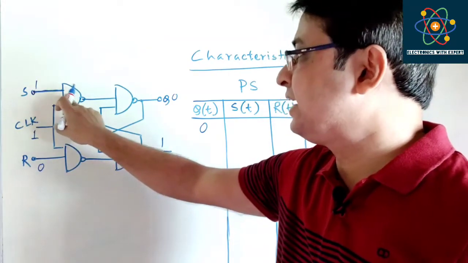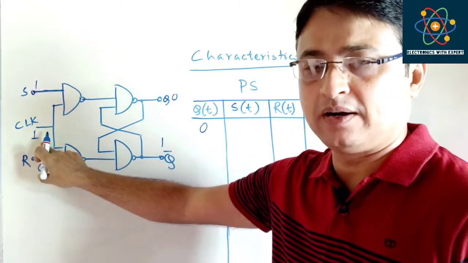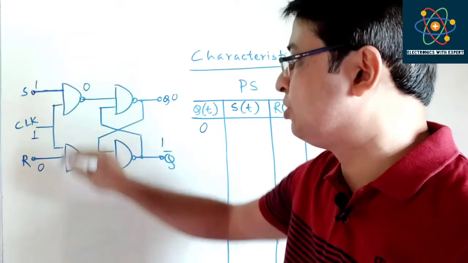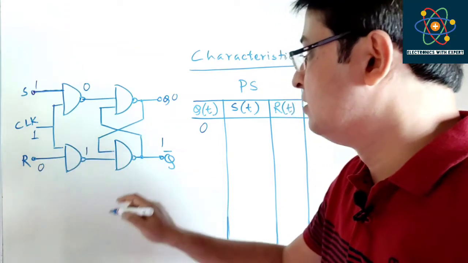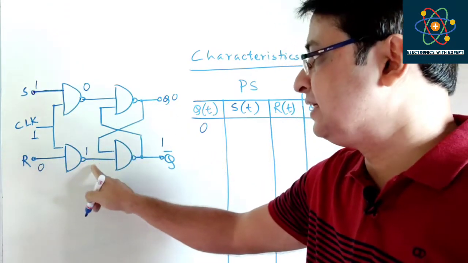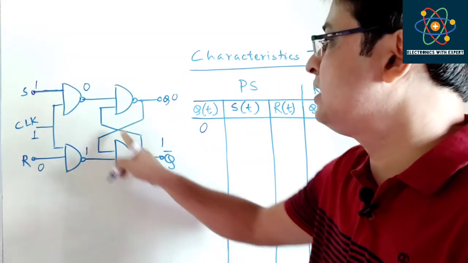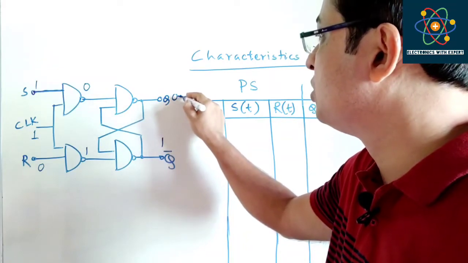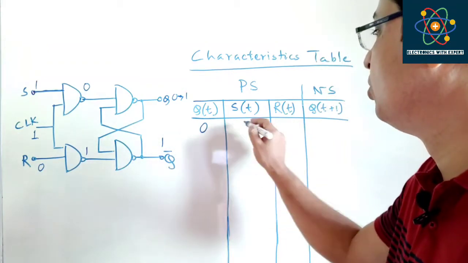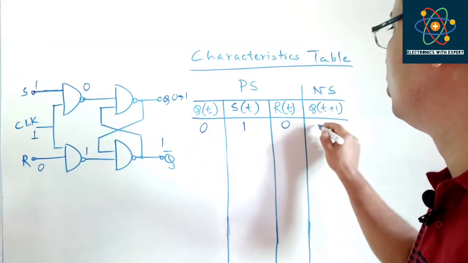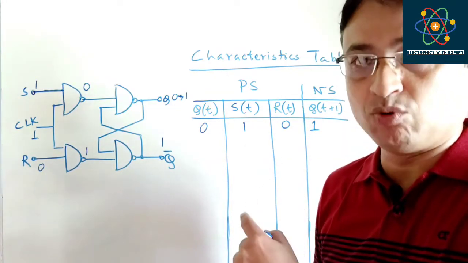Now for this NAND gate, when S=1 and the clock pulse is also 1, this NAND gate output will give 0, and since R=0, this NAND gate output will be 1. For Q=0 and this input equal to 1, it will make Q bar 1, and 1, 0 makes the next state output 1. So for Q(t)=0, S=1, R=0, the next state output will be 1. That is the set output.